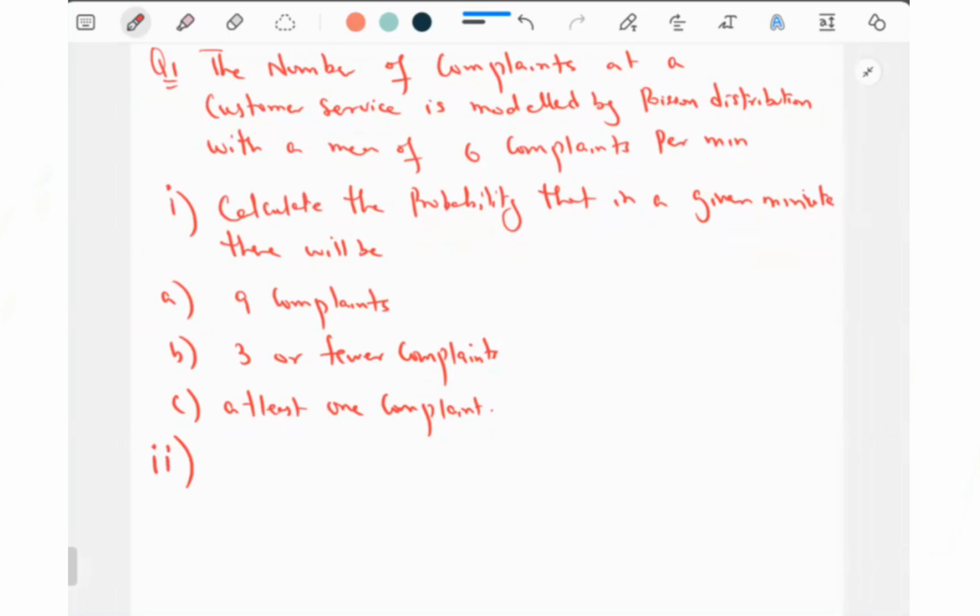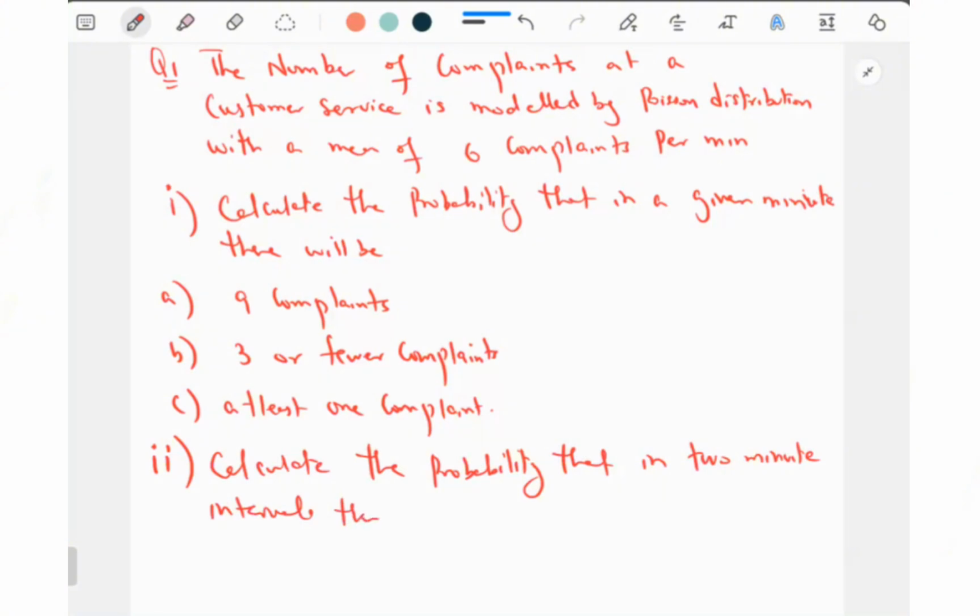Part 2. Calculate the probability that in 2-minute interval there will be 10 complaints.